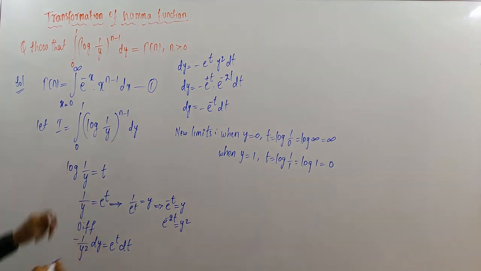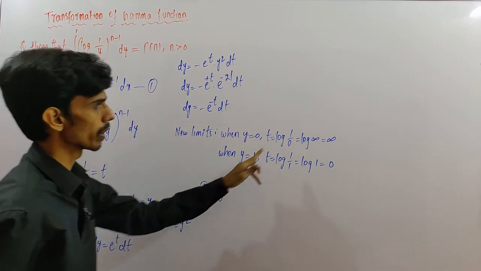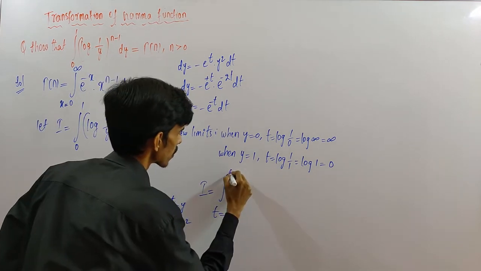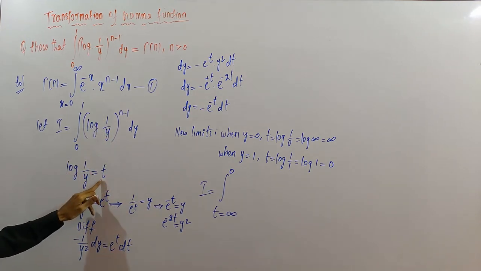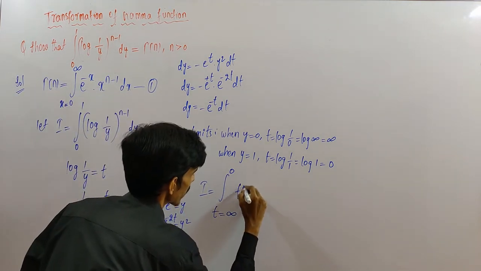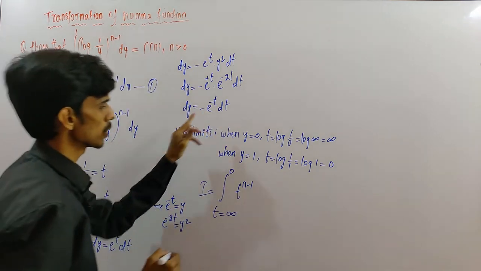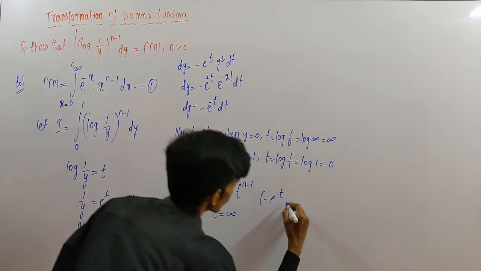Now this integral I will become defined for new variable t, infinity to 0, log 1 by y value, log 1 by y is t. So we have t power of n minus 1 dy. Dy value is minus e power of minus t dt.